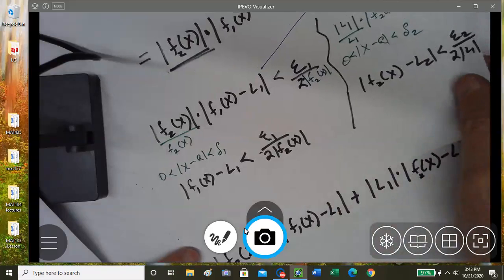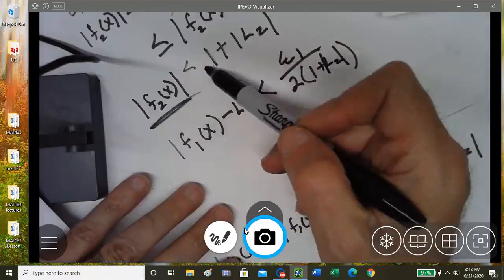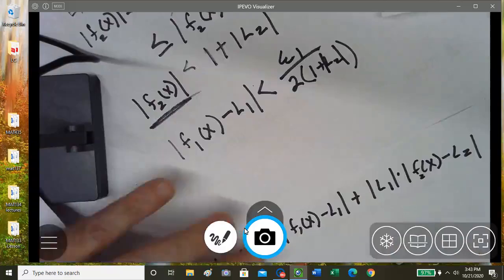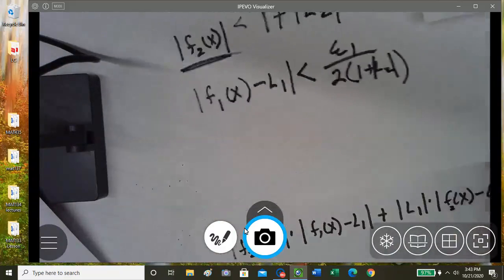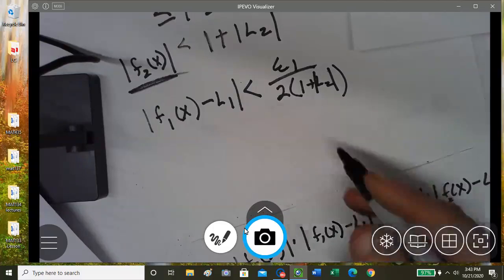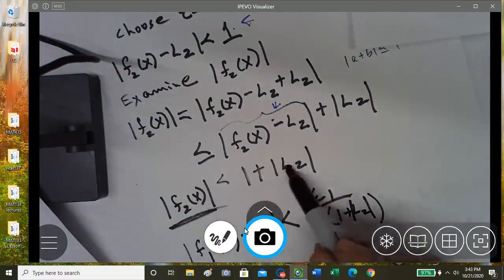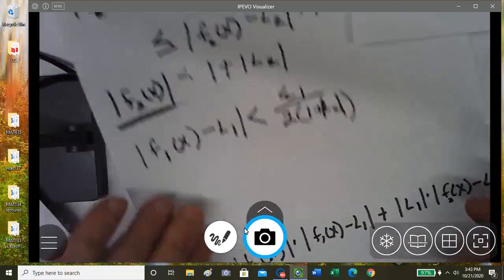Okay, so we're going to substitute f2 for, we said that is now this one. So we're saying that this function is now less than or equal to, and then we're going to substitute this 1 plus absolute value of L2 in for f2.